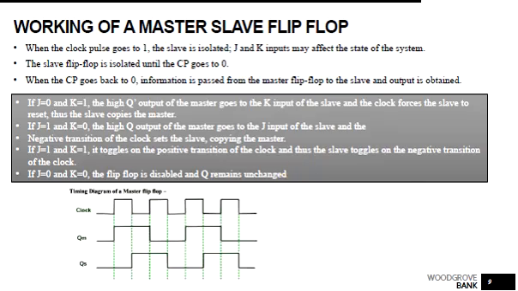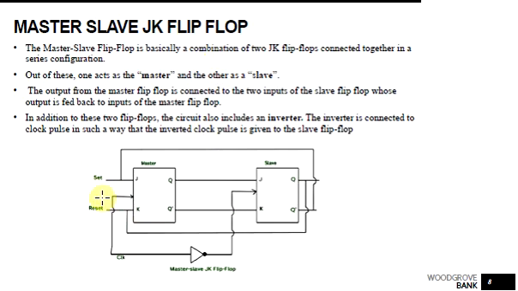Similarly, when both J and K are 0, the flip-flop is inactive and the output remains the same. That is the no change condition. Here the only difference is when both inputs are high, when J and K are equal to 1.